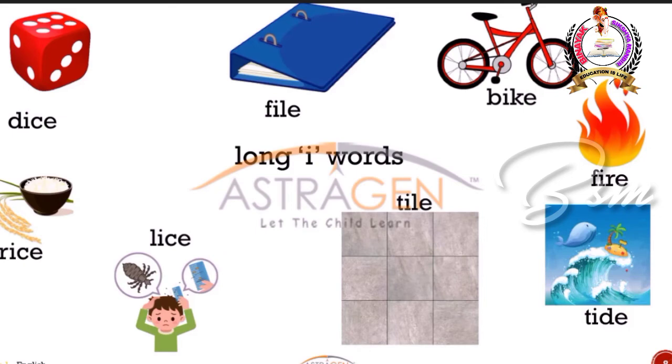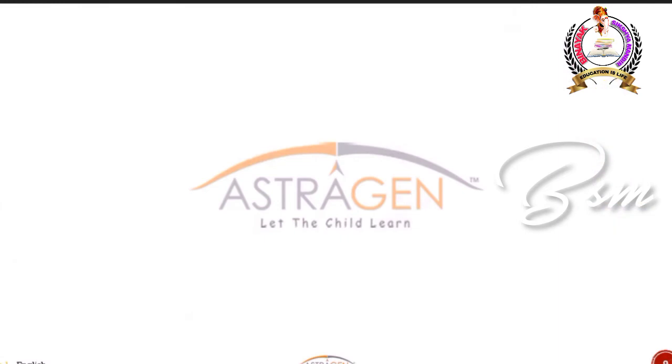There is a high tide and a low tide. When you go to a beach, if you've seen a beach, sometimes these waves come huge and they come over you. That's a high tide. And when the waves are low and you can happily play in them, it's called a low tide. Okay? See, children, here also all these words end with E where the E is silent but the I is saying its long sound. Now obviously guess what's the next vowel?